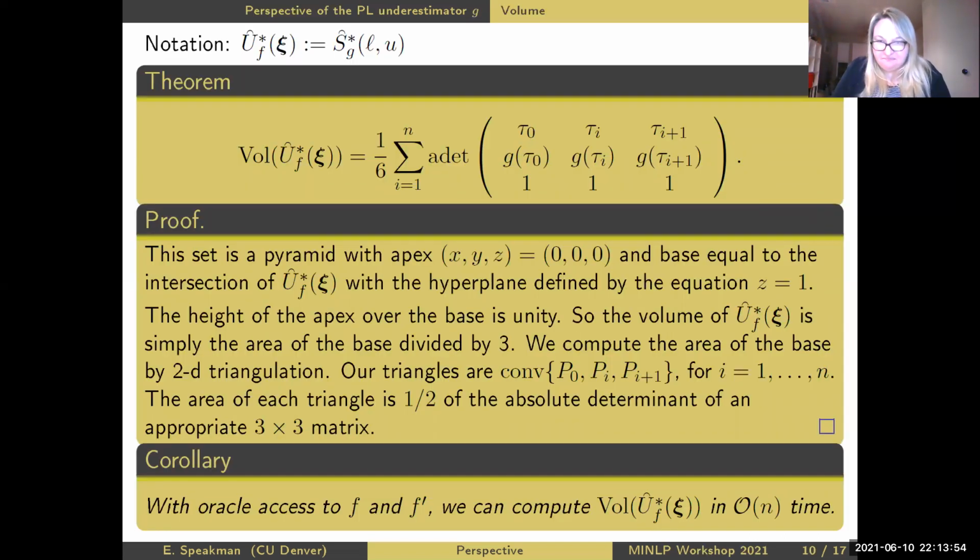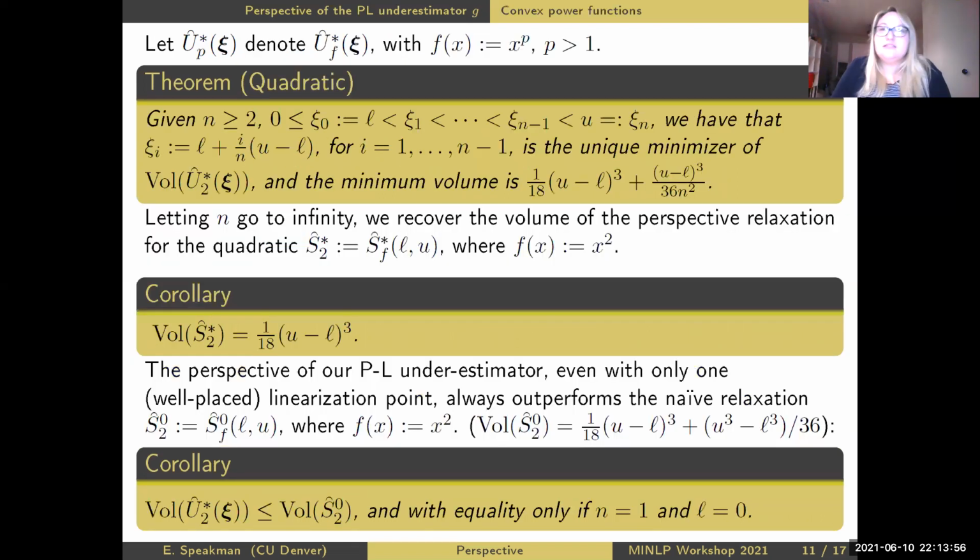So I have a base, I have an apex, I just have this pyramid, and I can easily compute the volume. All right, so that's a little bit on a general F. The question is, what more can I say if I look at a specific F or a specific family of F? So let's now focus a little bit on power functions. And in particular, first off, I'm going to look at what happens when we just have this simple quadratic function, so P equals 2. So here, my F function is just a simple quadratic, x squared. I am going to have a vector of linearization points.